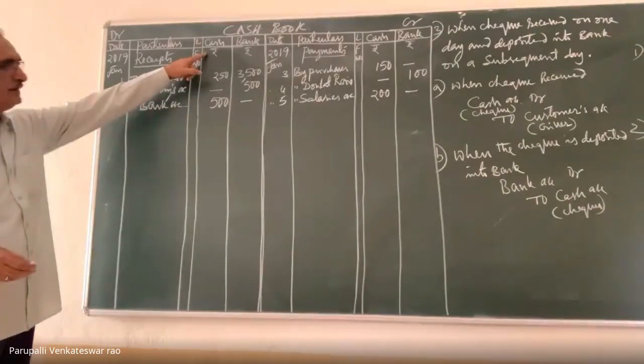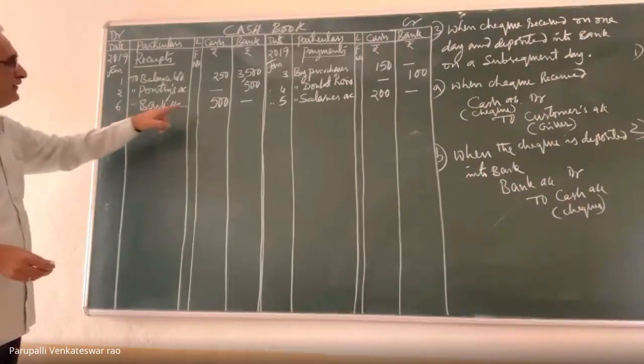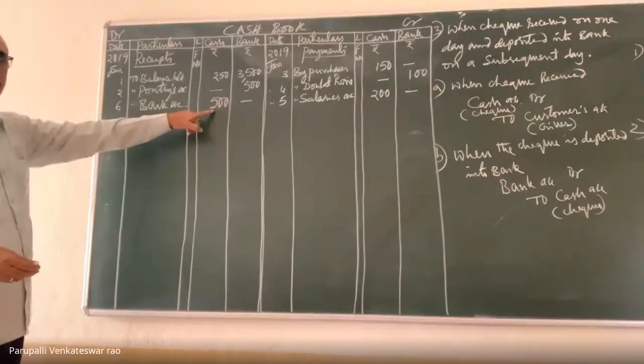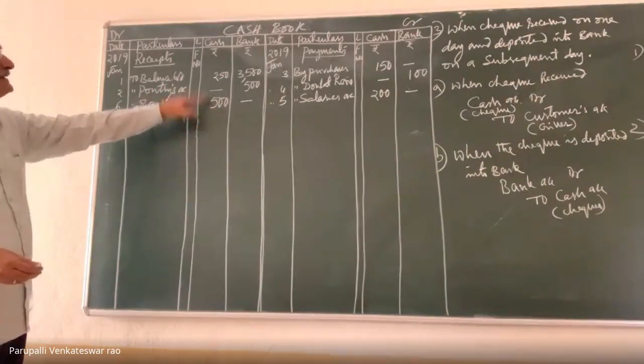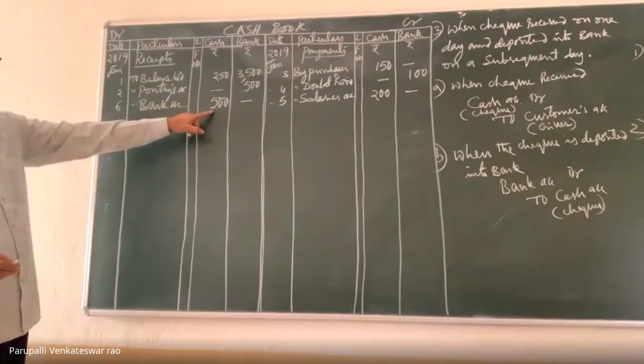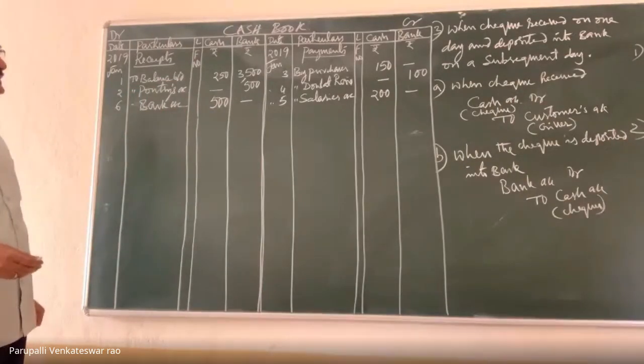Cash received from bank 500. So cash account is to be debited, which means in the cash column you have to write the amount. Who is the giver? Bank is the giver. So write the amount in the bank column.